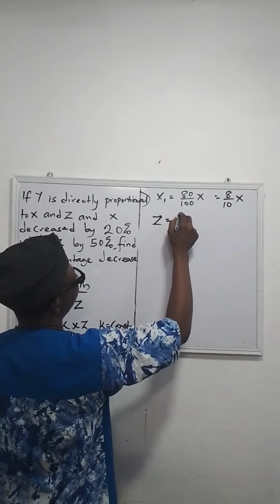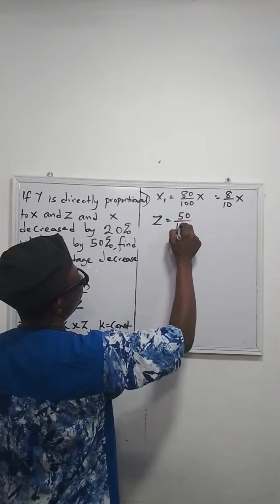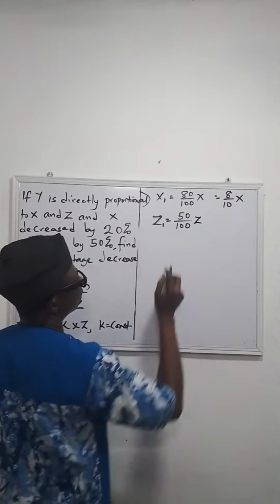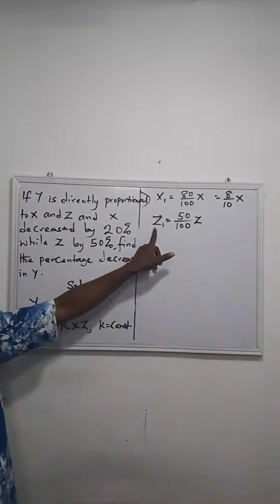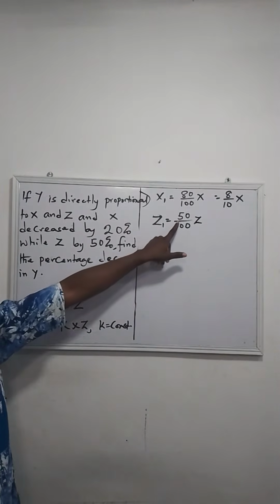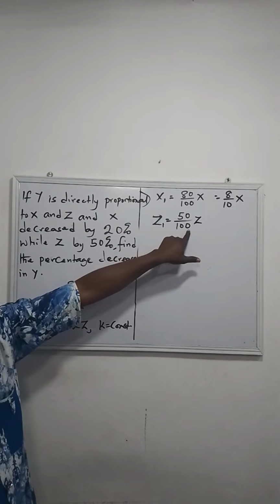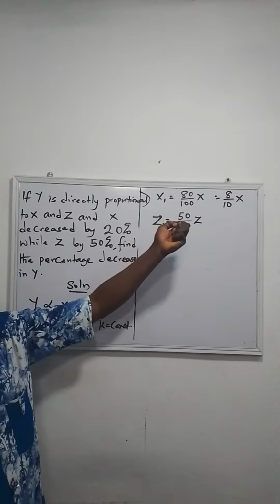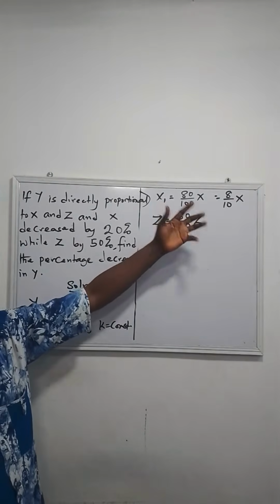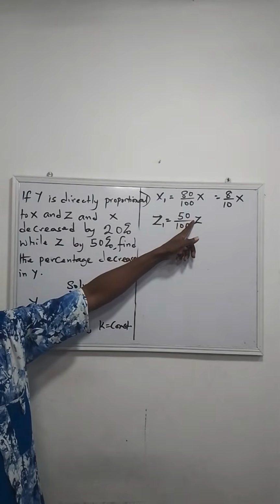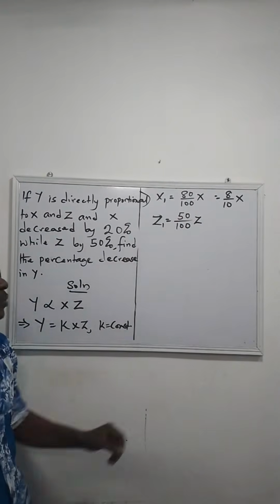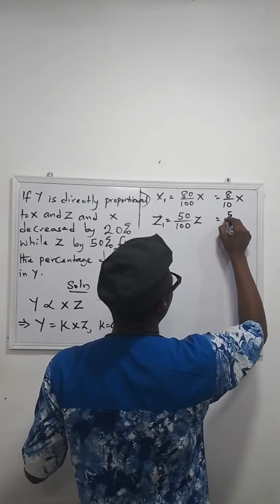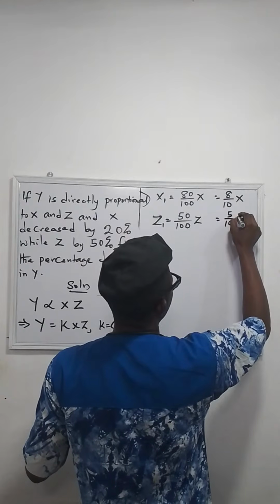So the new z, which is z1, is 50 over 100 of z, because z has been decreased by 50%. So it must reduce. It's no longer 100%. It's now 50%, and that is the same thing as 5 over 10 z.